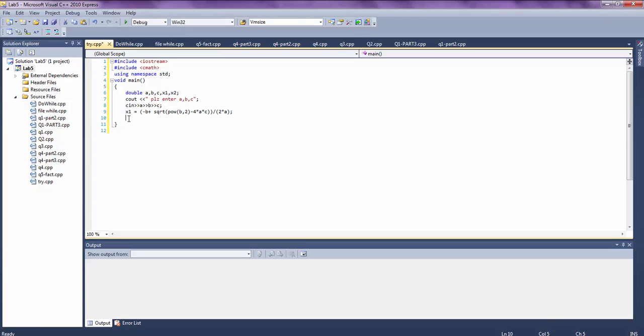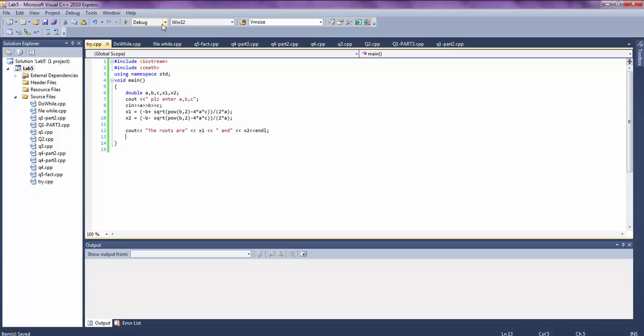Now I will copy this one to make x2, and the difference will be in here. And finally, I just need to display the results. So the roots are x1 and x2. Put them here in a line, and that's it.